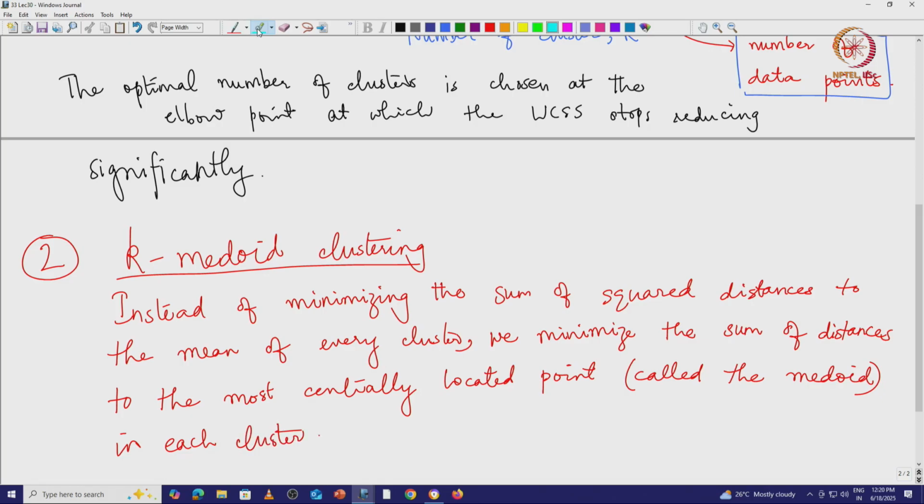So notice here that this medoid is drawn from one of the data points, right.